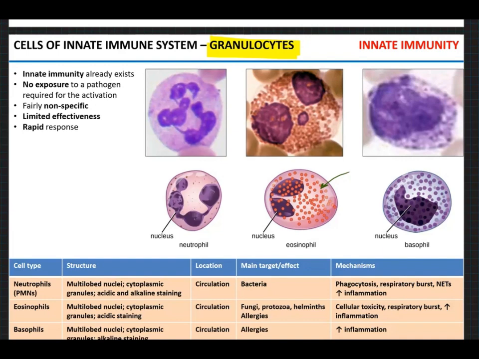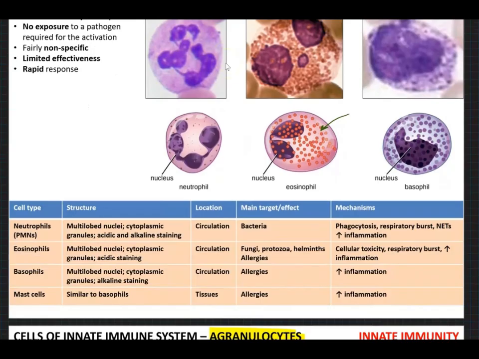So there are three granulocytes that are found in circulation: neutrophils, eosinophils, and basophils. So again, highlight, all of them are found in circulation.